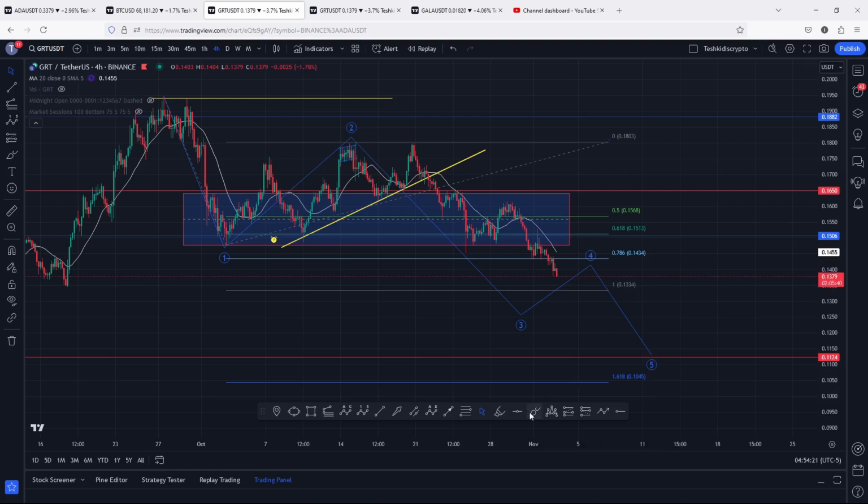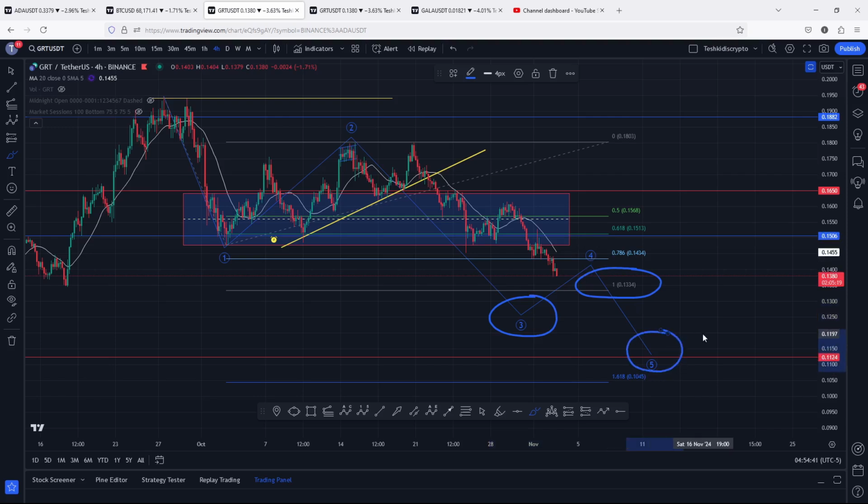So in the next coming hours, there are high chances that GRT is going to fully maximize the fib ratio 1:1, give us a low in place for this wave 3, and give us a bit of a short-term bounce in an Elliott wave count 4, before we can finally see one more new low in an Elliott wave count 5 to the lower side.